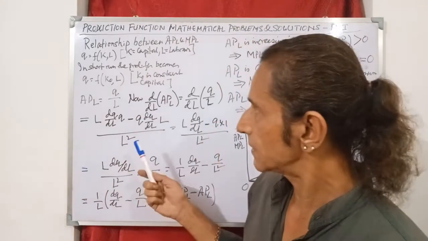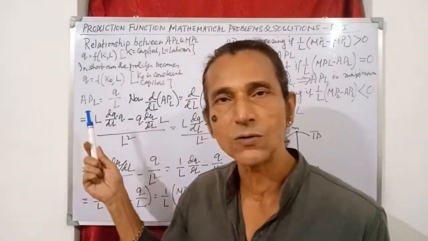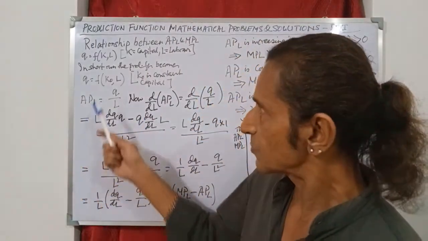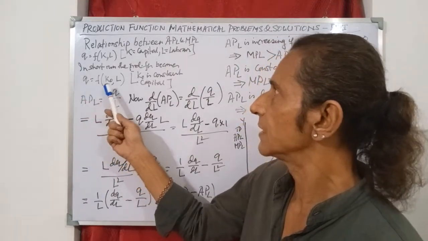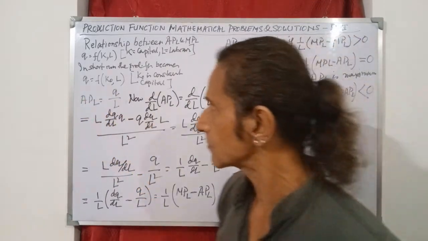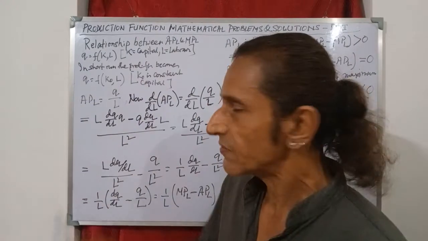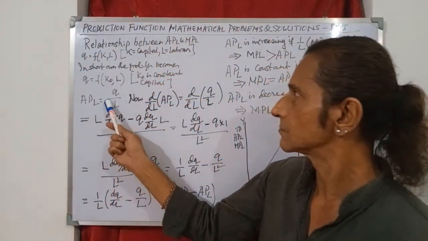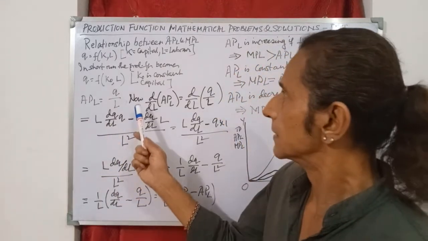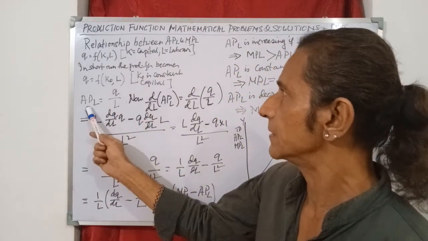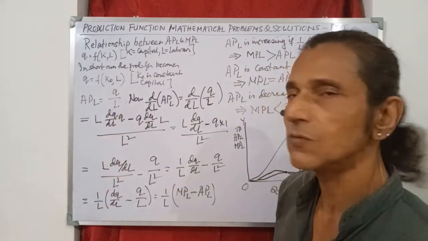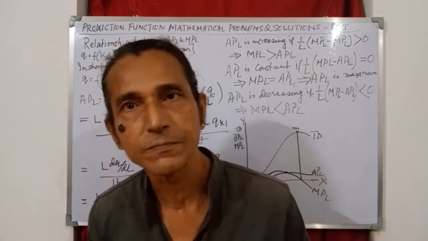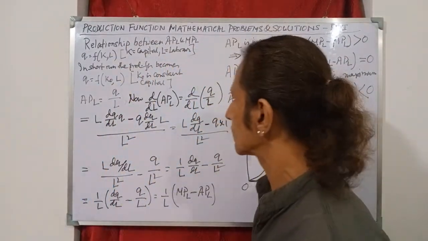So we have assumed that K is held fixed at K0 in the short run. So the production function becomes Q equals F(K0, L). APL, that is average productivity of labor, is equal to Q by L. Now we are differentiating APL, that is, Q by L, with respect to L, because K is held constant.